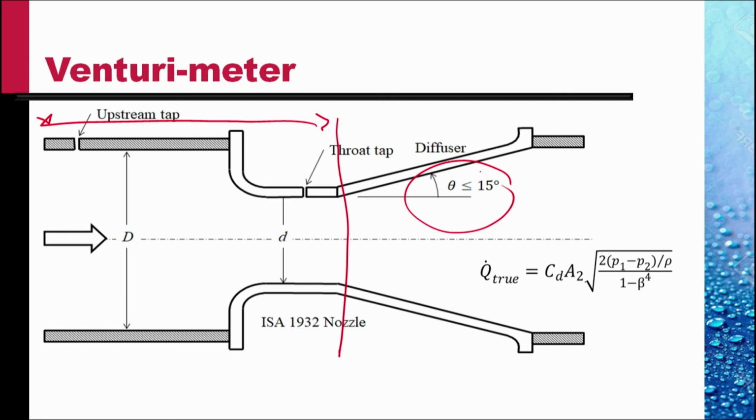It uses the same equation for the volume flow rate as we obtained for the earlier two devices, because it's the same mass balance and the same Bernoulli equation applied with the same parameters.